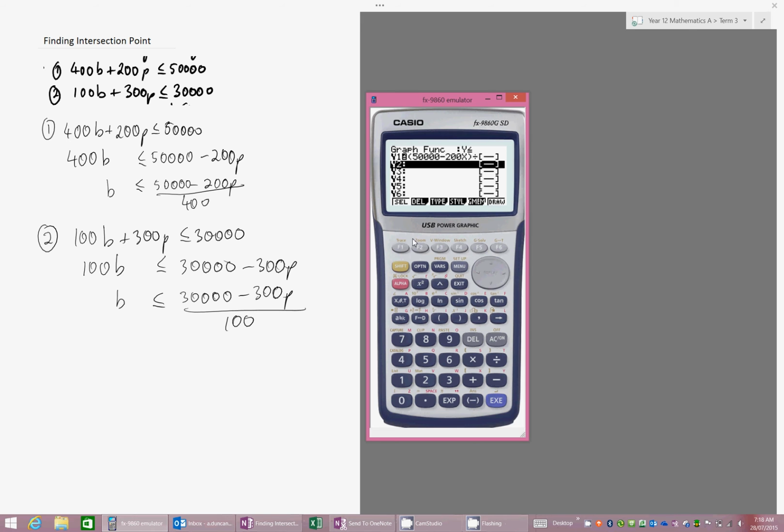Okay, so you need to make this type a less than or equal to 1 as well, and put in that equation that you want to graph. And again, pretending that B is Y and P is X. Draw both of these.